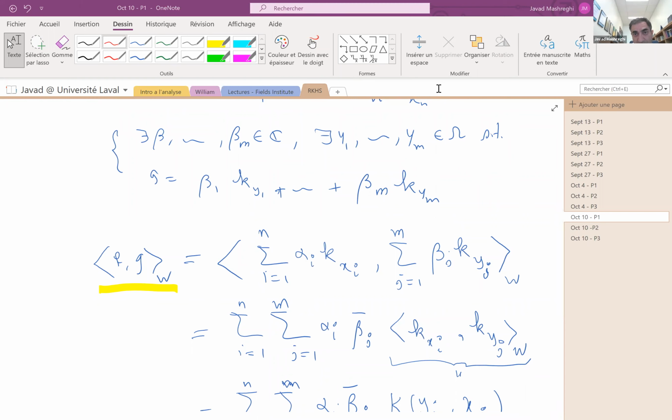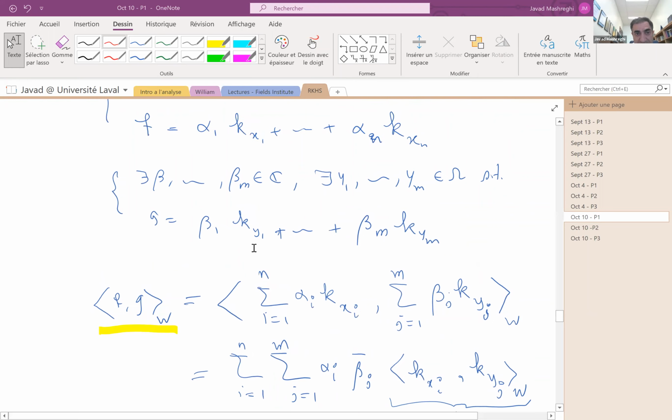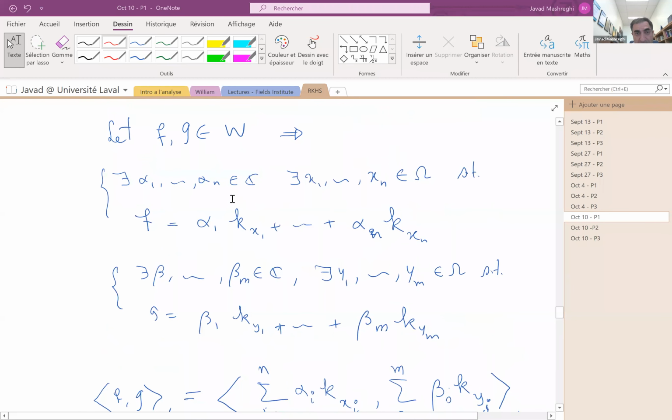Yes, in other words, well defined means that f is represented by this combination. It's not unique. It might have another representation. So I write behind this with another color. It might also be equal to alpha 1 prime k x1 prime up to alpha p prime k xp prime, not necessarily even the same number of points.